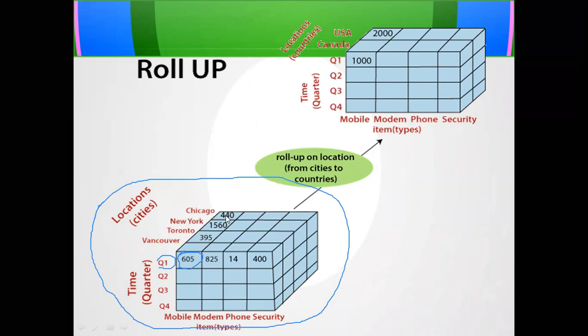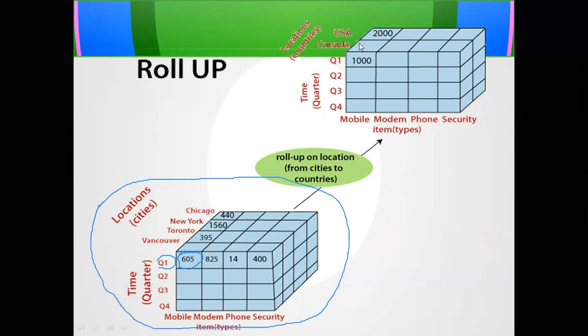If you observe, the value for Chicago is 440. For New York, it is 1560. After applying the roll-up operation, which is nothing but a select query with an aggregate operation and group by clause, we get 2000, that is the total sales in these two cities. That is nothing but the total sales of the USA, right?